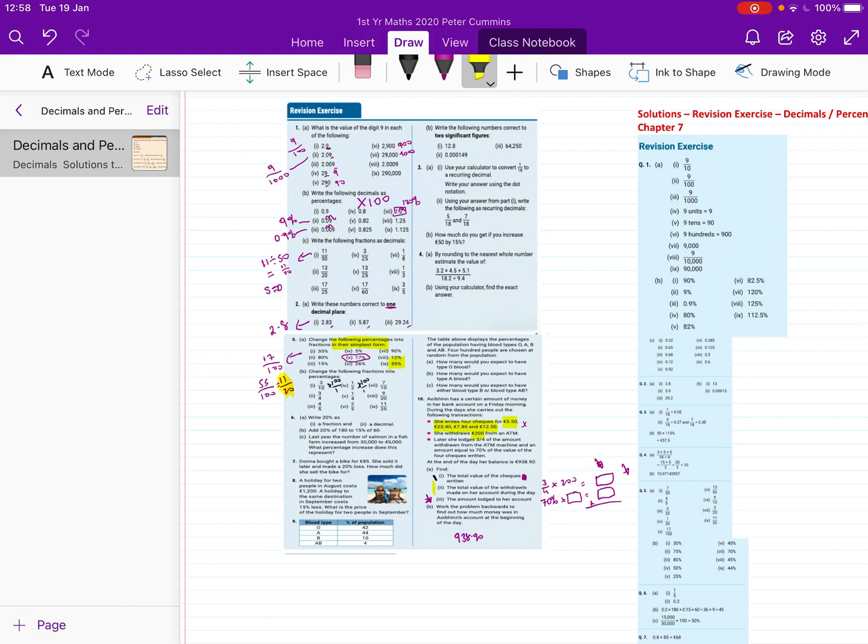Tick where you went right, and as we do in class, write in the correct answer. See where you went wrong. That's the most important part of this whole thing, correcting and improving and learning from your mistakes. I'd like to see those corrections done in your homework folder. So you can retake a picture of the corrected version, or you can correct it directly in the homework folder. So you can pause the video now.